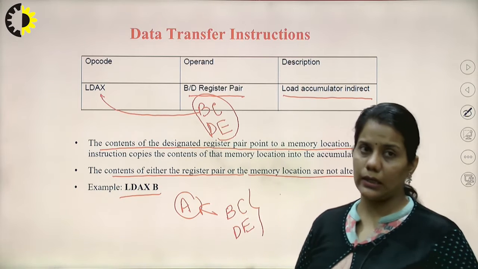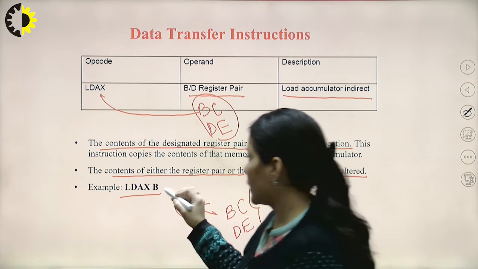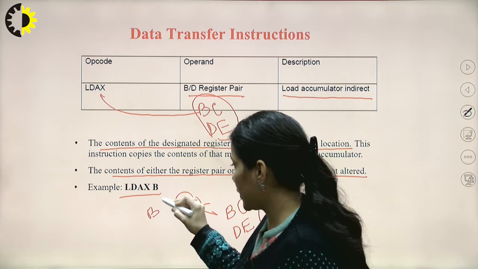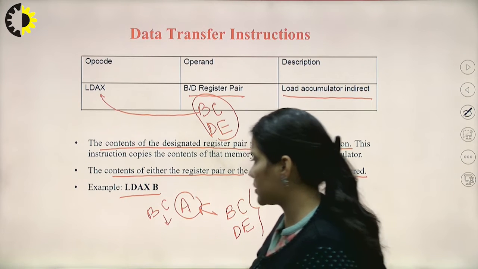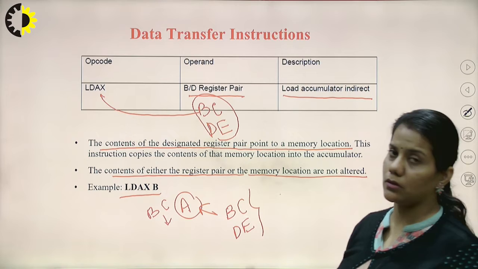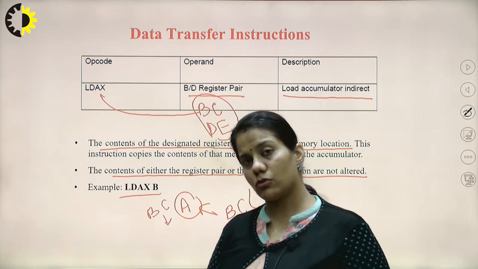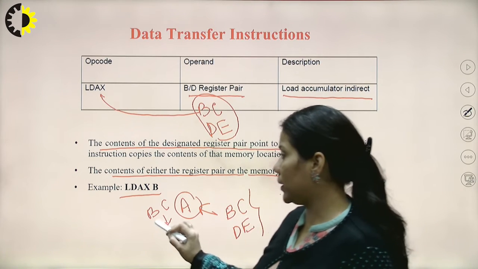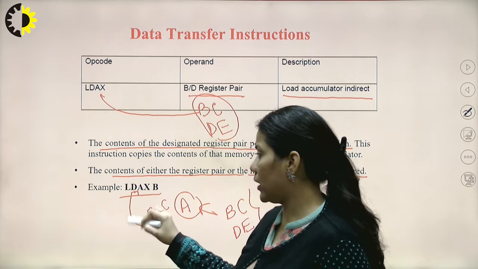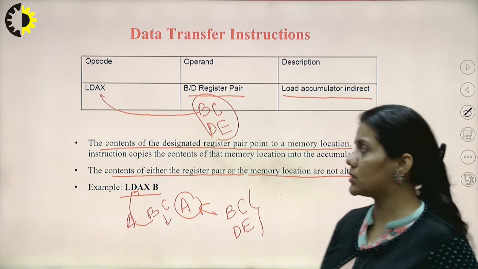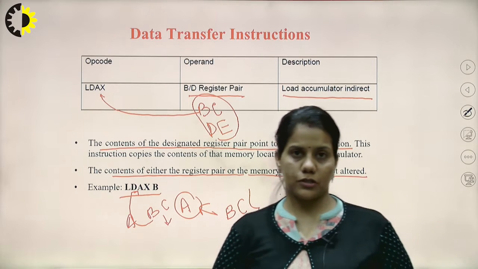Example is LDAX B, means the contents of BC register pair will point to some memory location, and the data stored at that memory location will be copied to accumulator. So in this way, this instruction accomplishes its task.